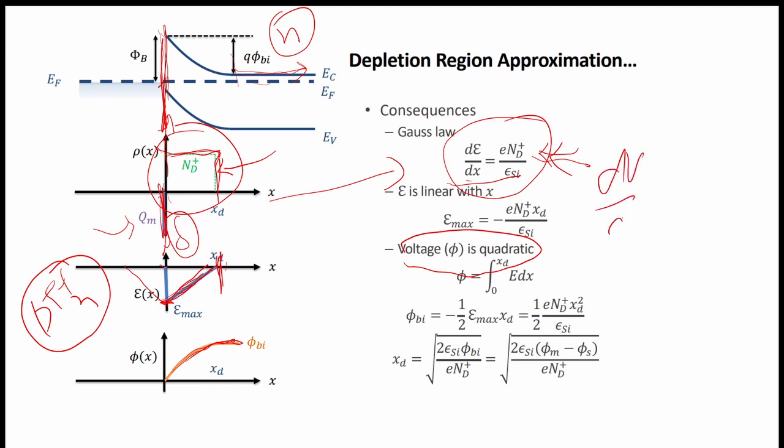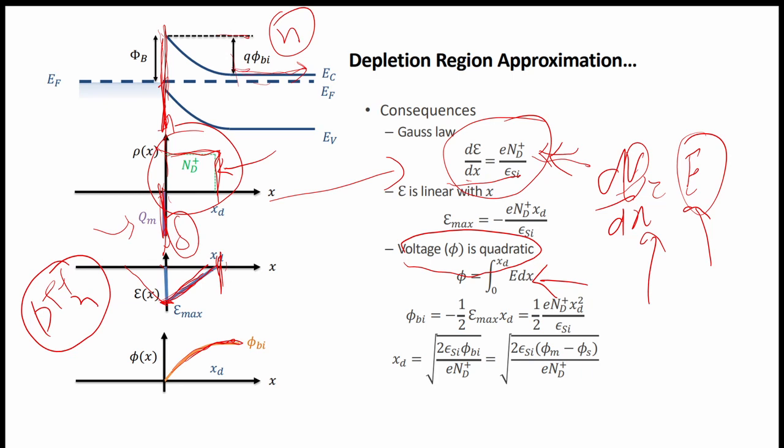because dV by dx is equal to E. Okay, E is equal to dV by dx. From here we have the equation for E, and now we can calculate V, which is nothing but the potential. Phi bi is nothing but the difference between this and this.